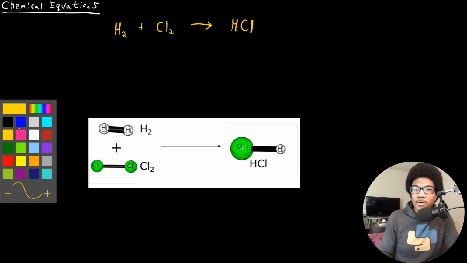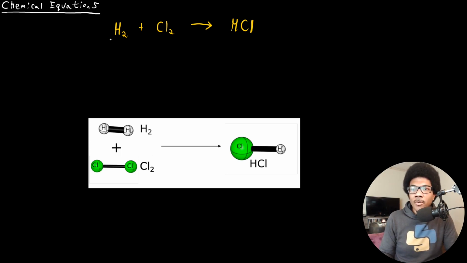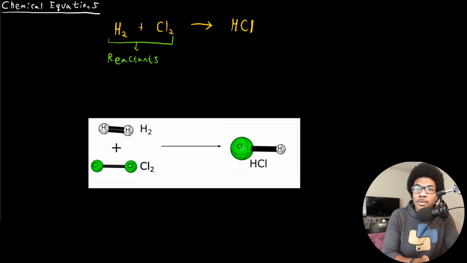Well, there's some stuff on the left side of the arrow and some stuff on the right side of the arrow. The stuff on the left side of the arrow here, this is what we call reactants. So hydrogen and chlorine are going to be your reactants, right? During a chemical reaction, the reactants are the compounds that are consumed.